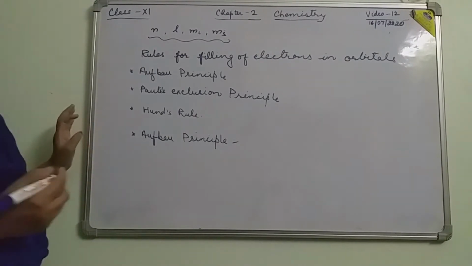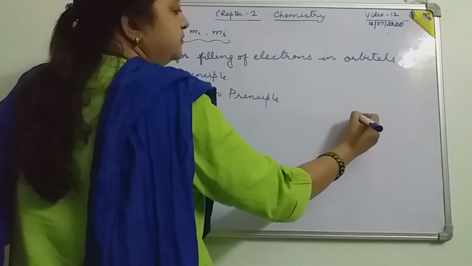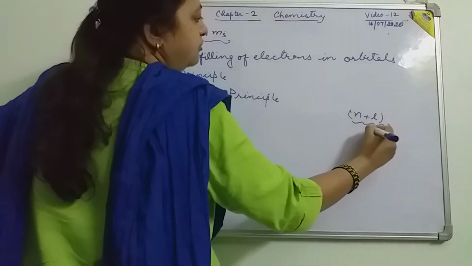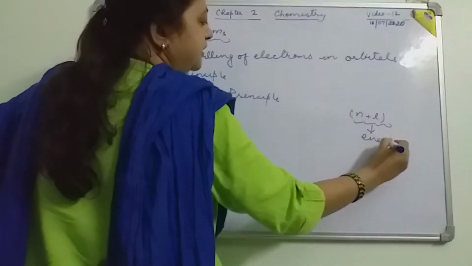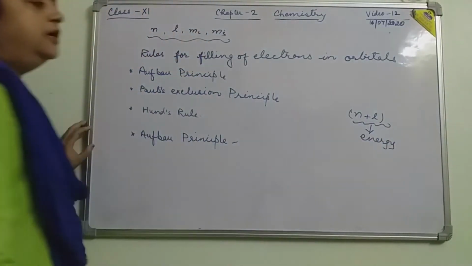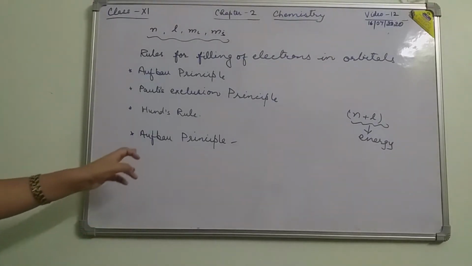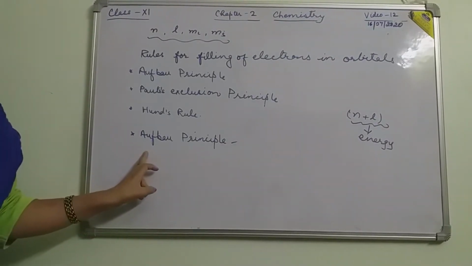We know that n plus l gives us the information about the energy of an electron present in different orbitals. The Aufbau principle tells us about the filling of orbitals; Aufbau means building up.